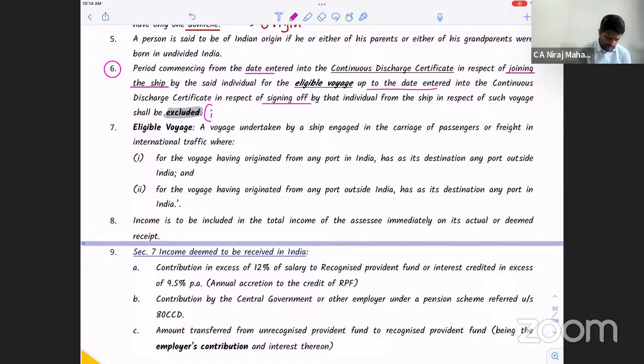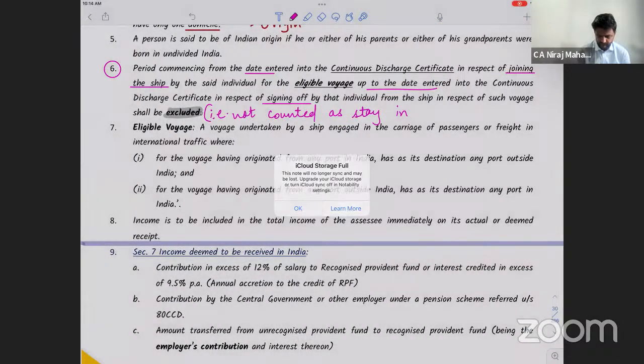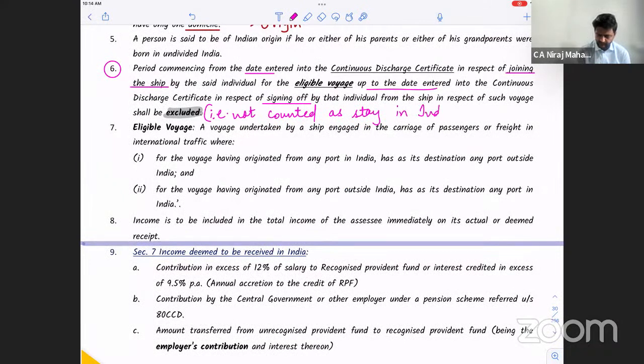That is not counted as stay in India. You can write it there also. Whatever period is mentioned in CDC, that period is not to be counted as in India. We will consider that as outside India. Fine.